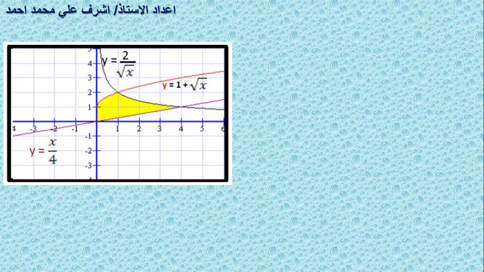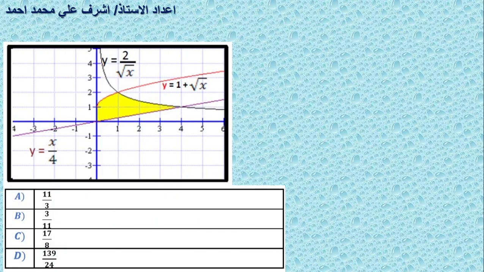The next question: find the shaded area. This is the area between three curves, so we have to divide it into pieces, each piece between two curves only.